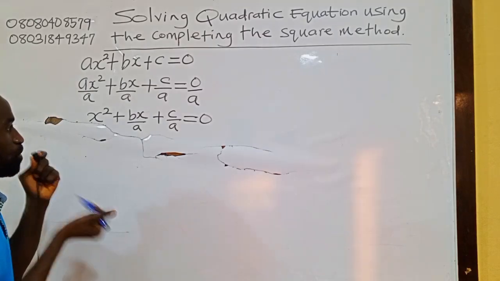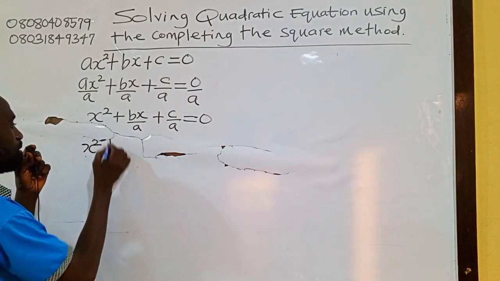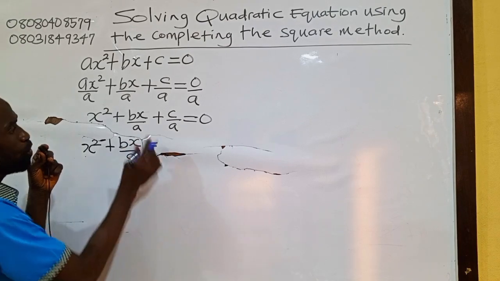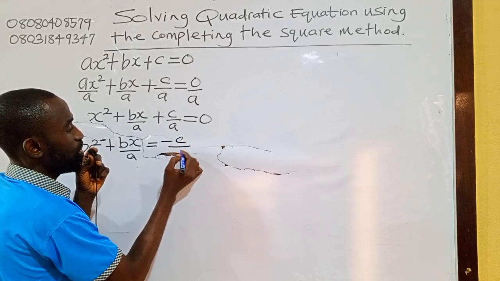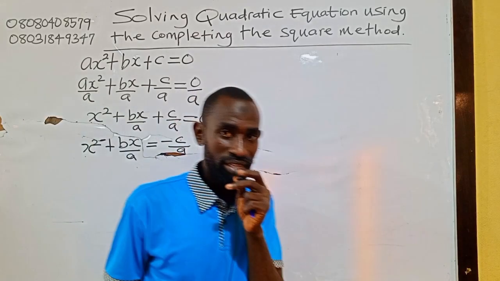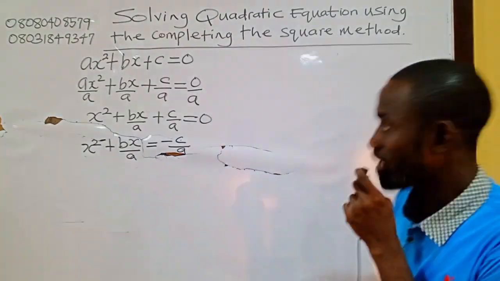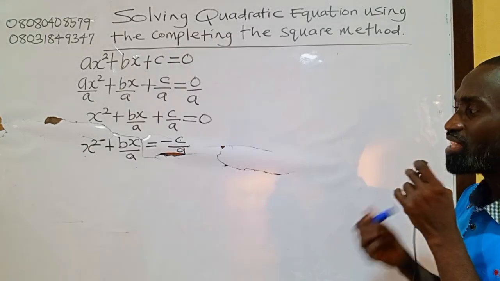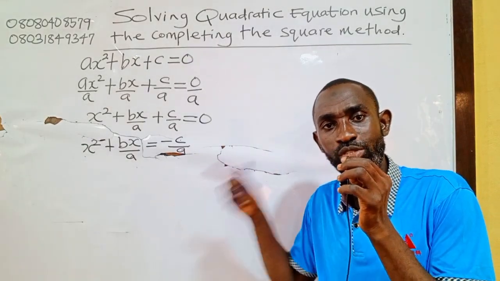So the next one, this one here will go to this side. We now have x squared plus bx all over a is equal to, when this one is crossing to this side, it becomes minus c all over a. This is where the power of completing the square method is. What's the rule? The rule says we should add the square of half of the coefficient of x to both sides.